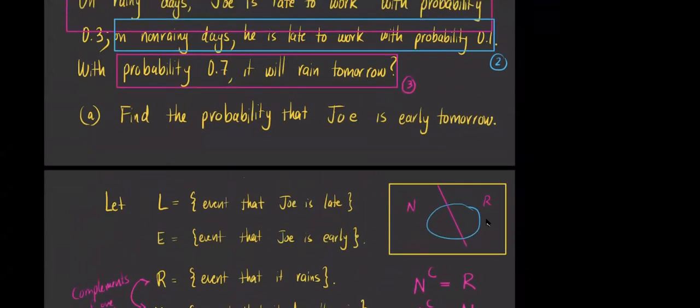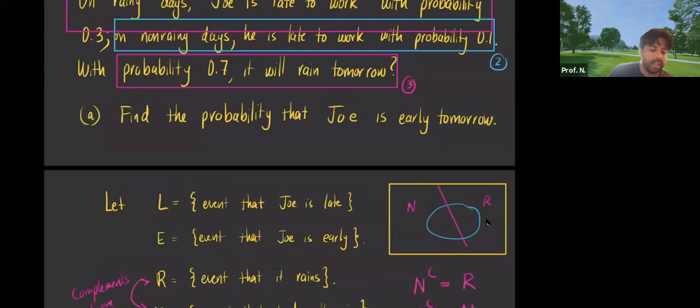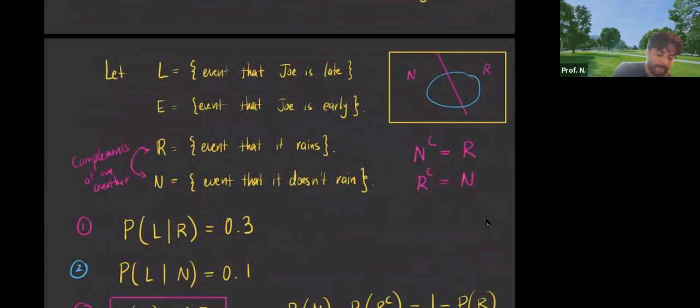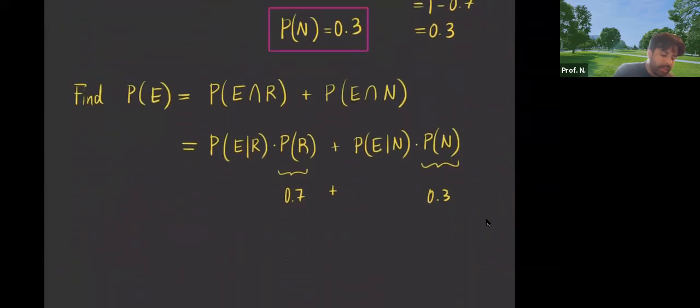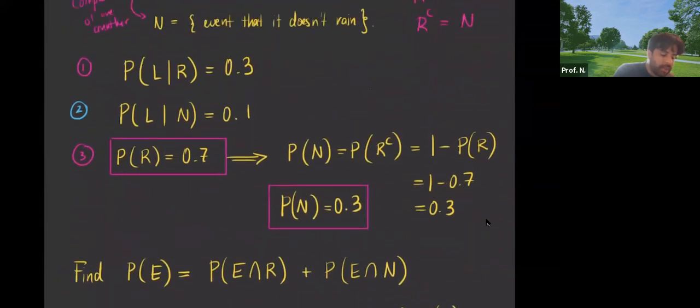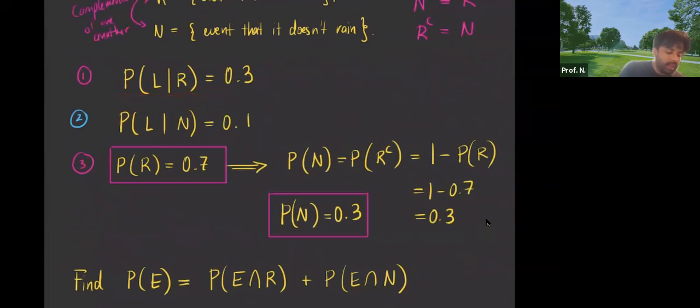Right. And so that statement, on non-rainy days he's late to work, implies that given that the day is non-rainy, the probability of him being late to work is 0.1. Now, given the probability of him coming late to work on a rainy day, what's the probability of him coming early to work on a rainy day?